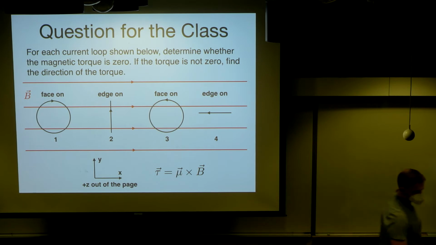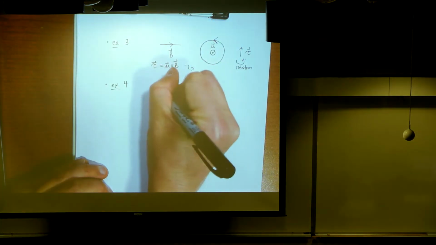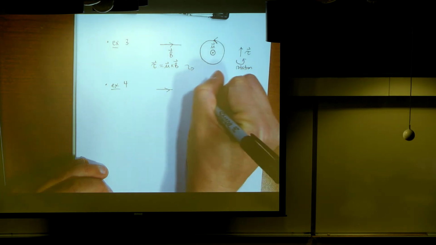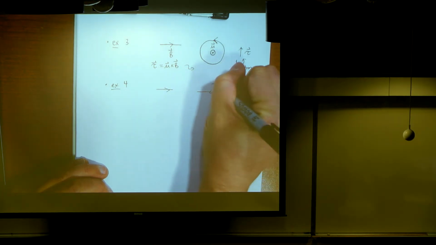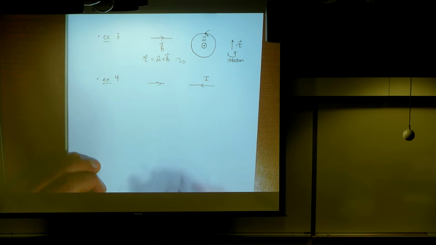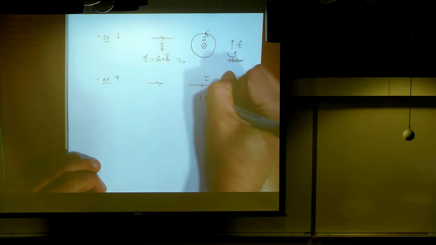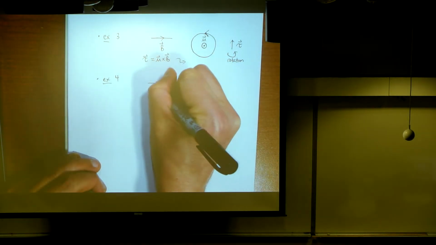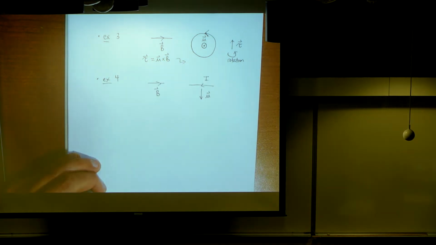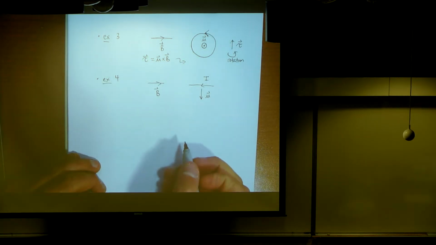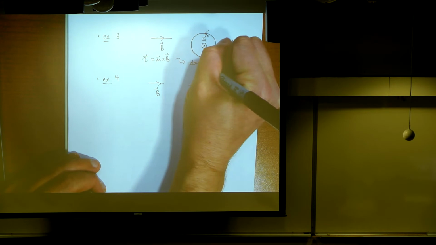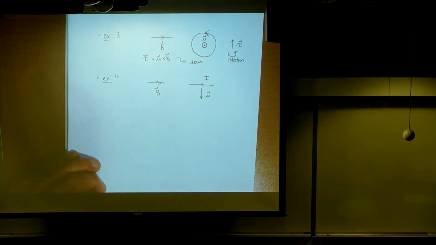Okay, so let's work it out on paper. Again, we have our B field going this way. We have our current going like this, which means our mu vector is pointing straight down like this. In this case, what do we get when we do mu cross B?